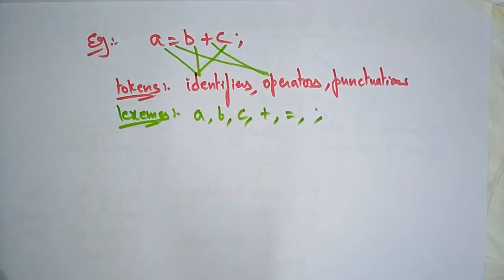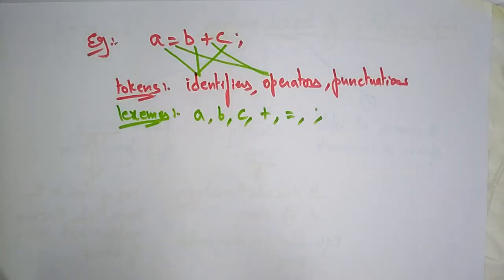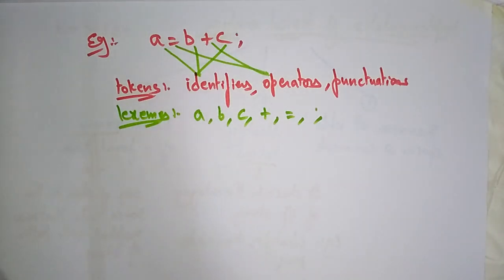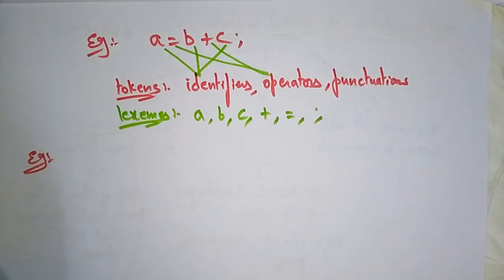Okay, so this is about tokens and lexemes, and pattern is nothing but the set of rules that are going to be followed. Rules are, for example, that an identifier should start with an alphabet or underscore symbol. The plus is only used for addition, the star is only used for multiplication, meaning it is just following the set of rules.